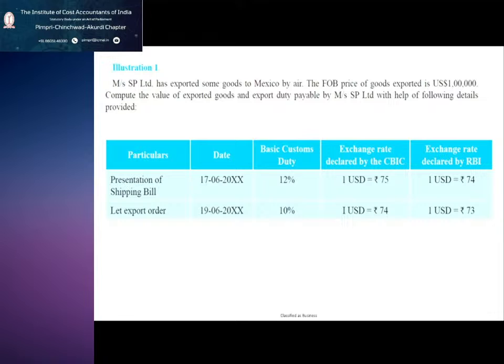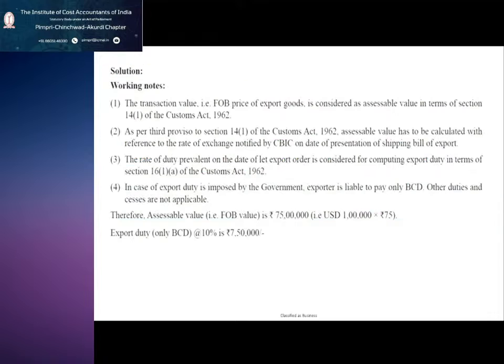It is the LET export order, which happened on the 19th of June. On that day the customs duty is 10%. So on 75 lakh, that 10 percent BCD is 7,50,000. This is the amount we need to pay to the department, the export duty amount.